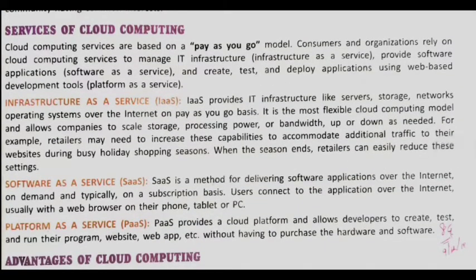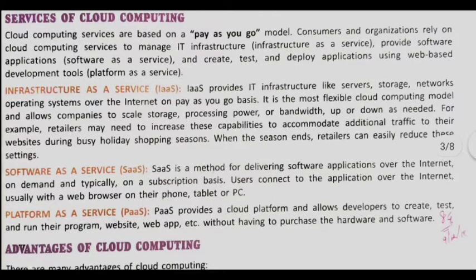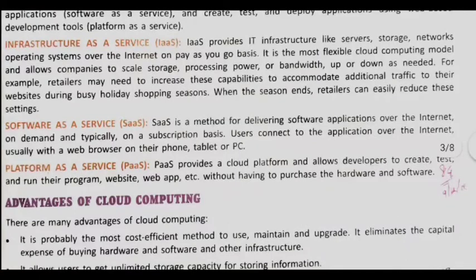Then we have the services of cloud computing. The services are based on the pay as you go model. It means whatever workload or services you use, you have to pay only for that. So here we have the services. The first service is infrastructure as a service, IaaS.